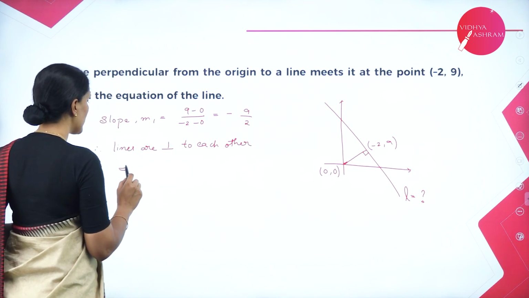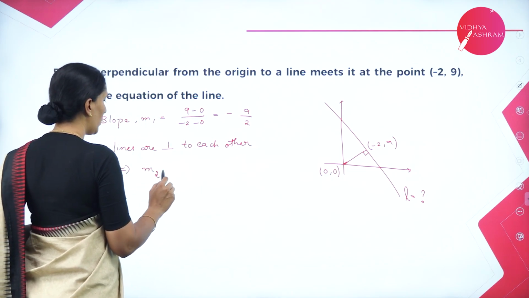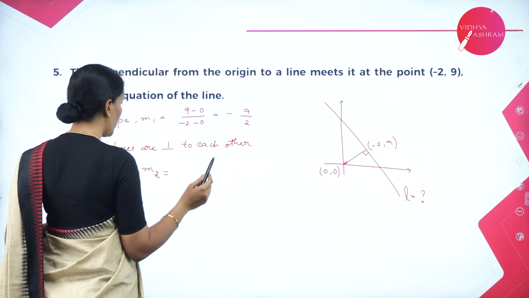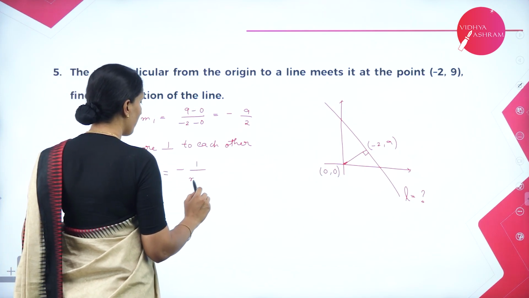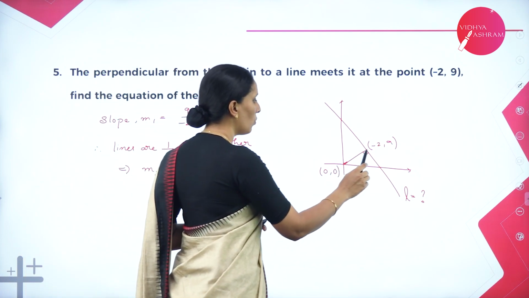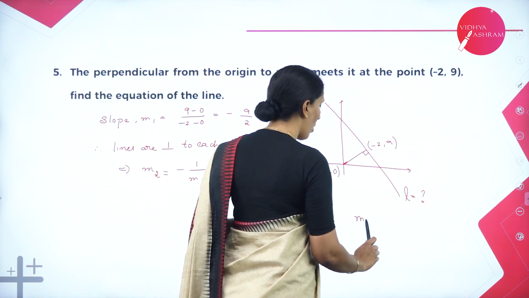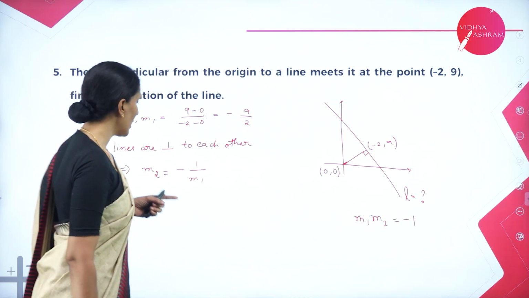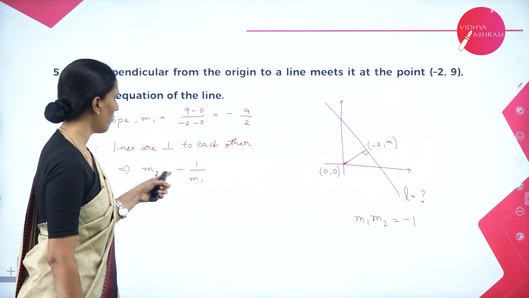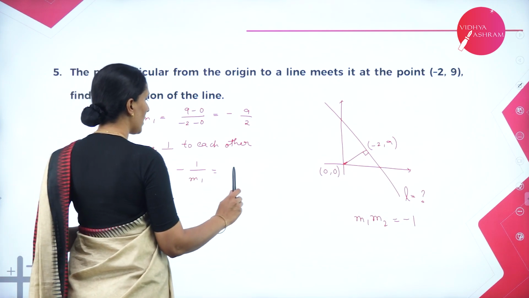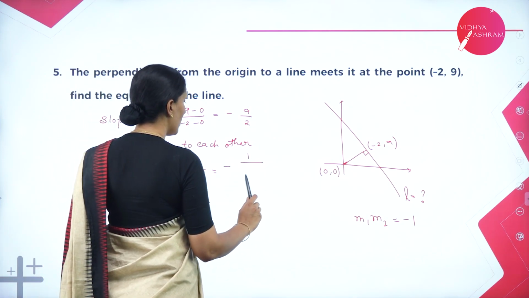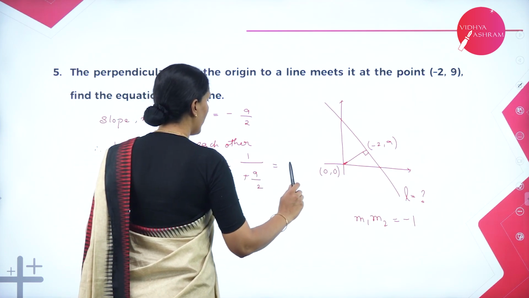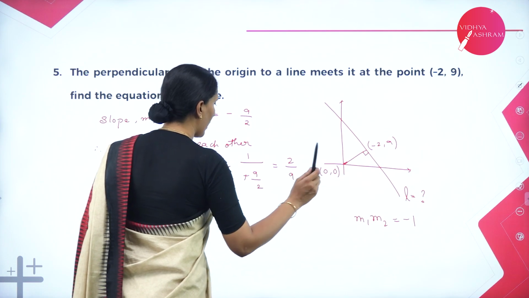This implies the slope of the line L, m2, is minus 1 by m1, because we know that if two lines are perpendicular, the product of their slopes is equal to minus 1. So since I need m2, I can write it in the form of minus 1 by m1, which becomes minus 1 divided by minus 9 by 2, which on reciprocal becomes 2 by 9.